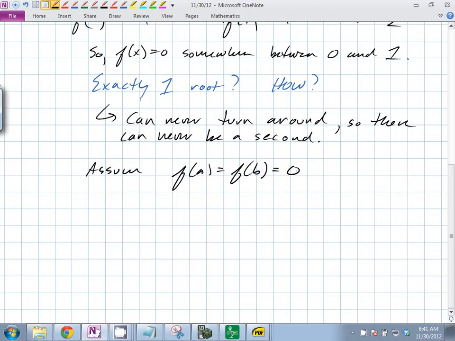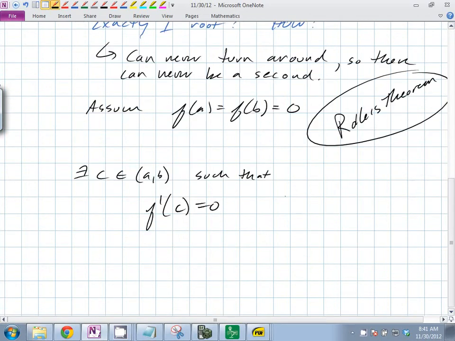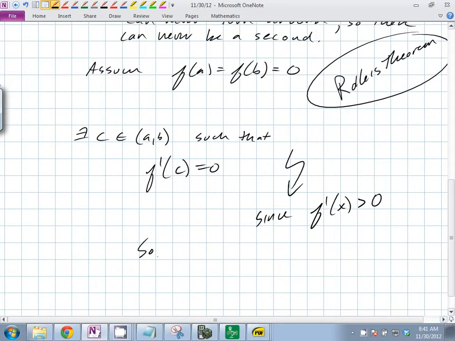Do you remember what theorem states that there exists a c contained in (a, b) such that f prime of c equals 0? But that's a contradiction since what's true? f prime of x is always what? It's always positive. So there can't be what? Two zeros. So there can't be two zeros.